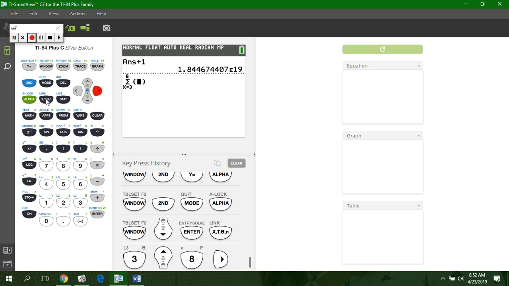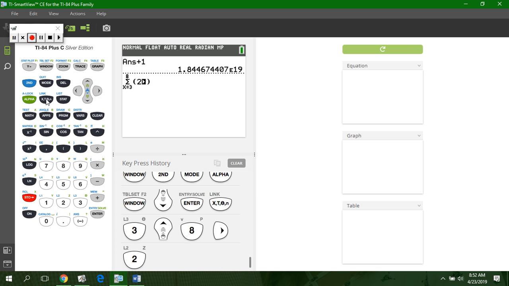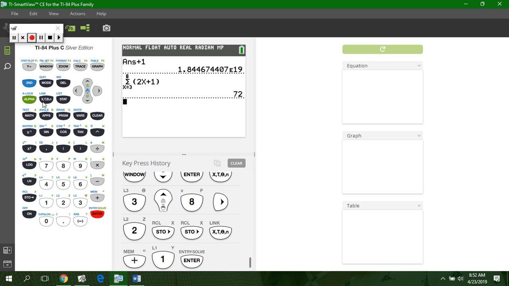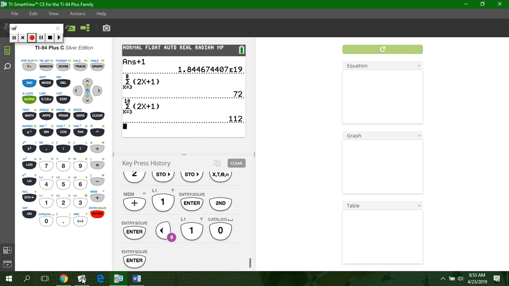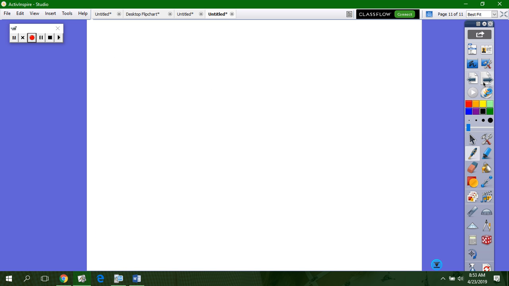And was it 2x plus 3 or plus 1? What was on your paper? 2x plus 1? 2n plus 1, but we're going to do x instead. Uh-oh. Oh, I went to 10, huh? That makes a difference, not 8. 112. Okay? That is now the last of our lesson.